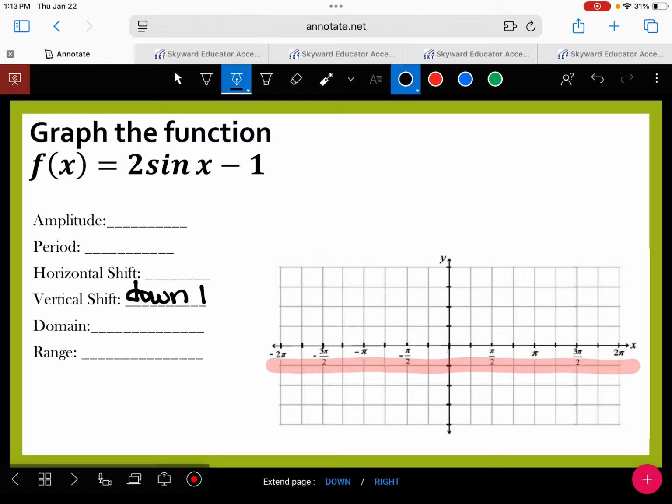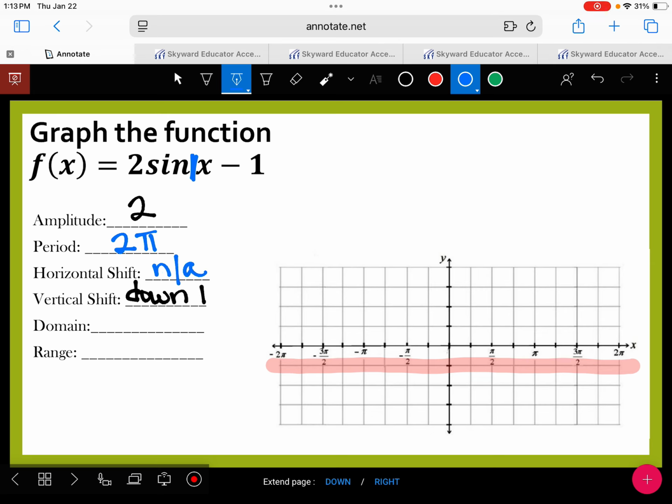Remember, we're talking about distance. Amplitude is the distance from the midline. So we're doing all the easy ones today. There's an invisible 1 right here, which means my period is 2 pi. And I don't have any horizontal shift yet.